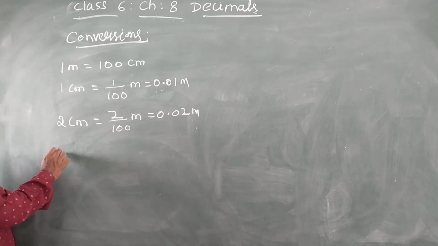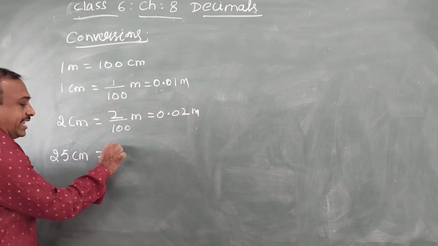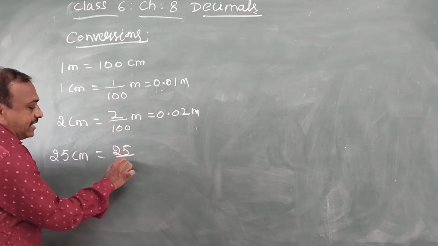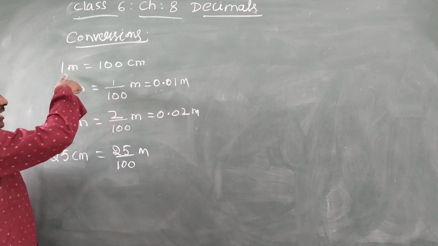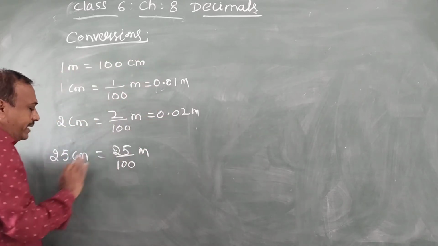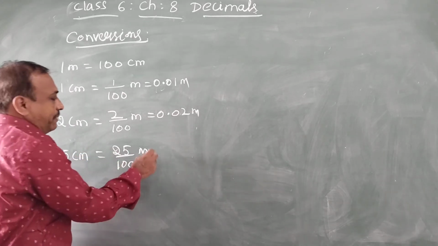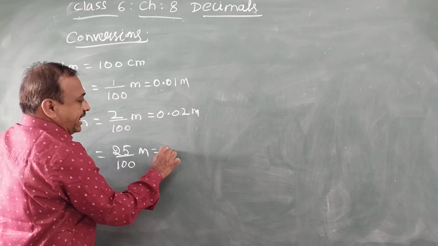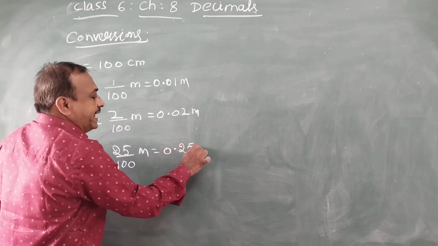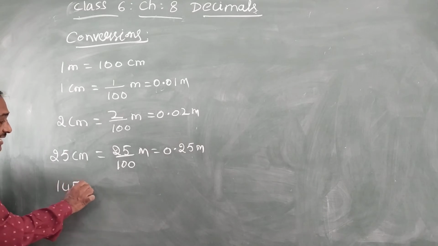If you want to write 25 centimeters, then 25 by 100 meter. Here we are converting from centimeter to meter. So 25 centimeters is 25 by 100 meters, so 0.25 meters. Suppose you have 145 centimeters.